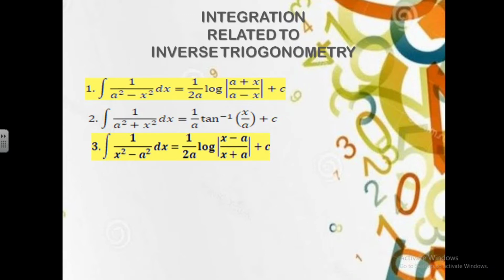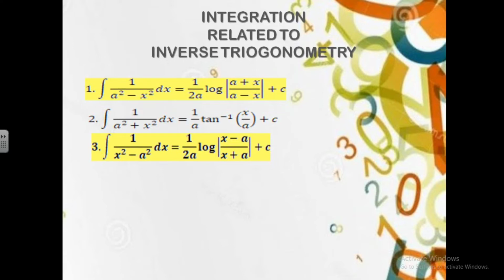In the third formula, the denominator starts with a variable x square, and at that time in the logarithm the numerator value is negative and the denominator value is positive, and it starts with the variable x. So this is a slight difference between these two formulas. You have to remember this difference and concentrate on it.